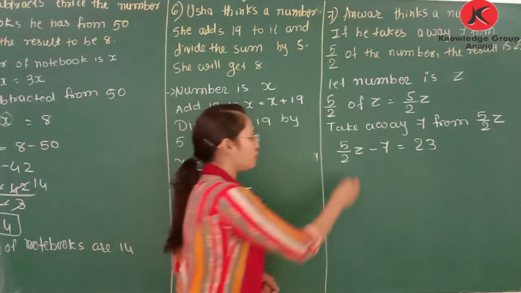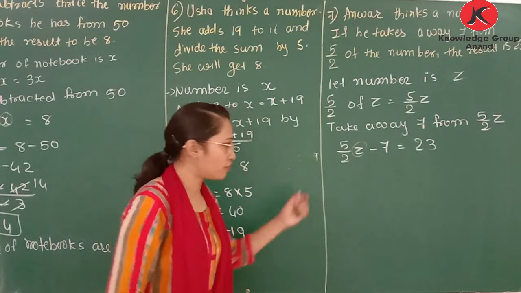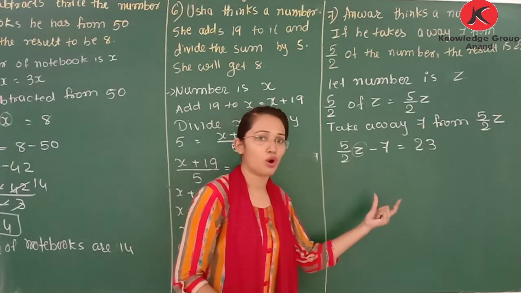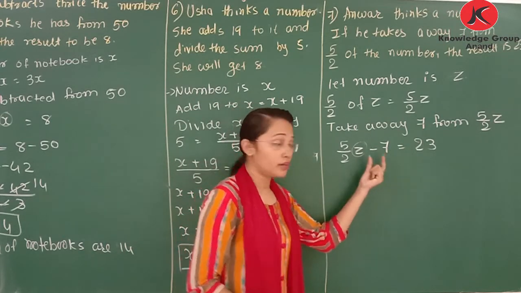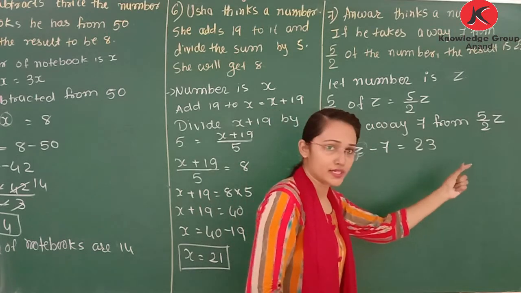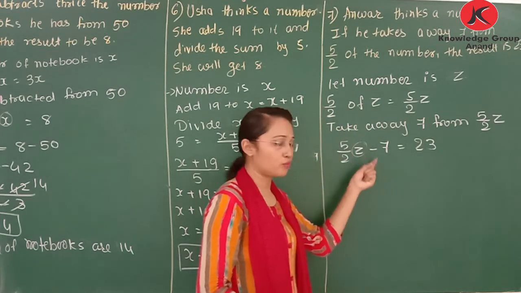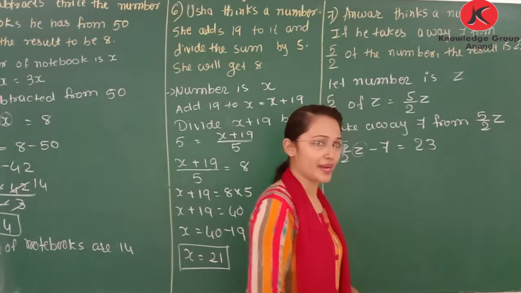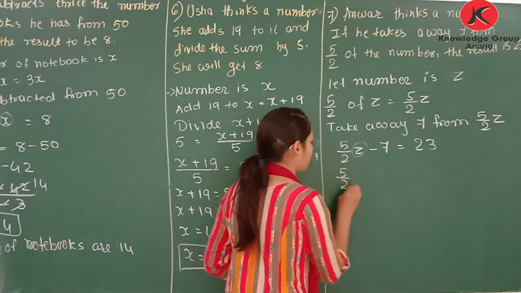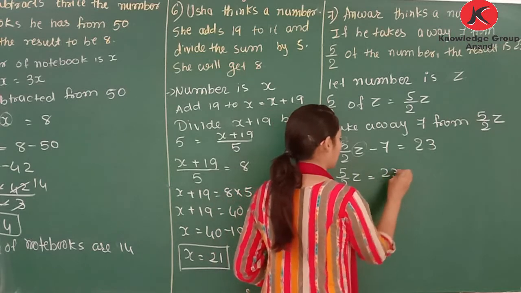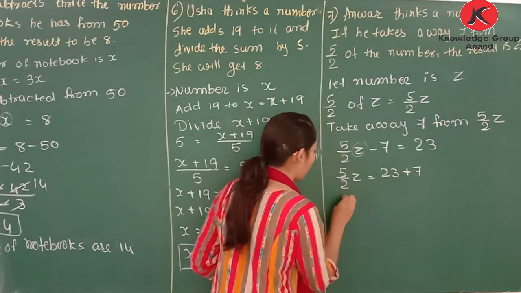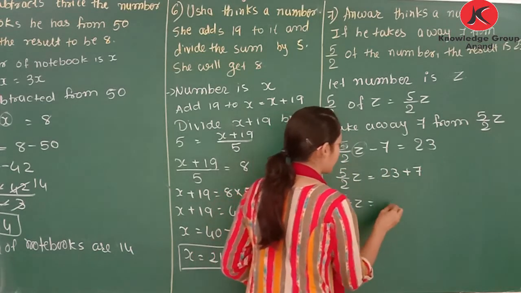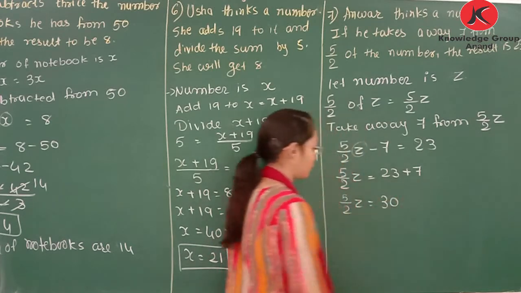Now what do we need to find? z. So we need to keep the variable on one side and move the constants to the right side. We need to find the variable z and move the constants one by one to the right side. 7 is in subtraction, so it becomes addition: plus 7. So 5 by 2 z is equal to 27.